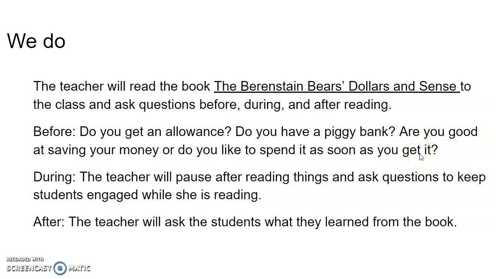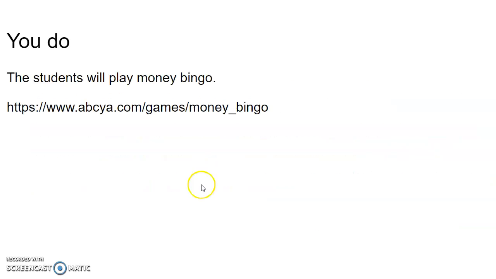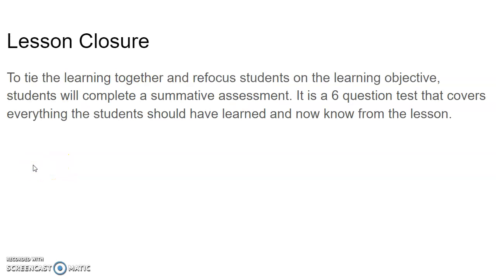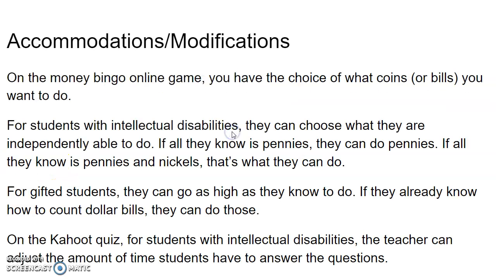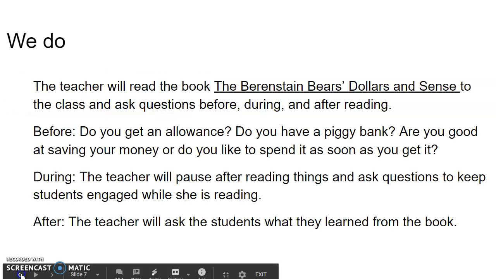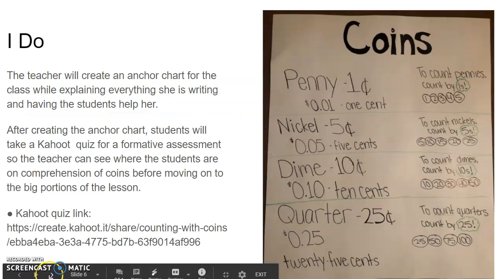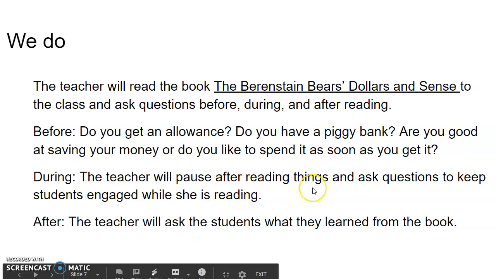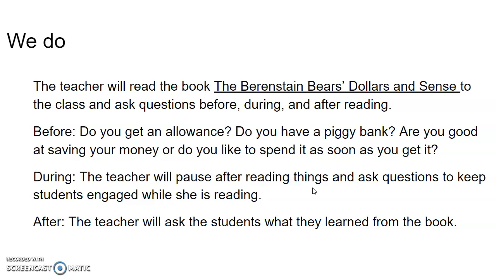So instead of giving the Berenstain Bear children all the money at once, the parents figure out a way to help the kids grasp the concept of money and how to save it and when to spend it, and so on.